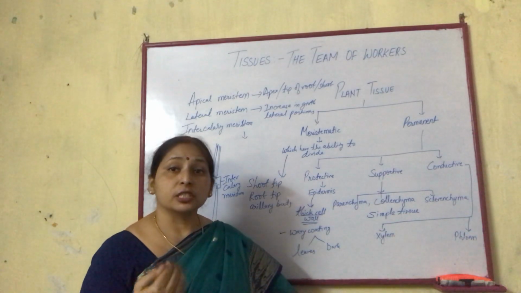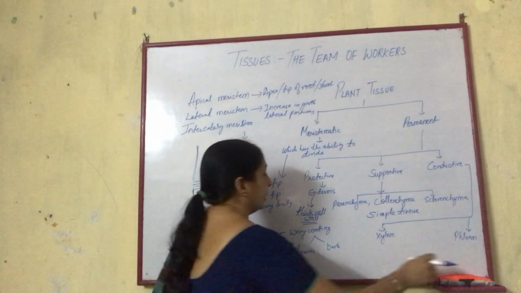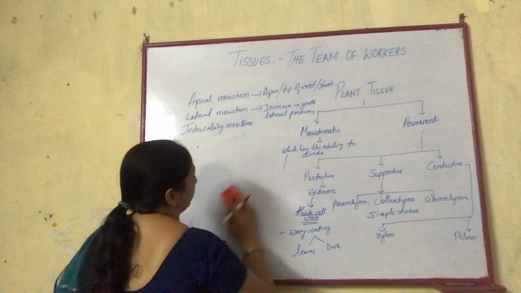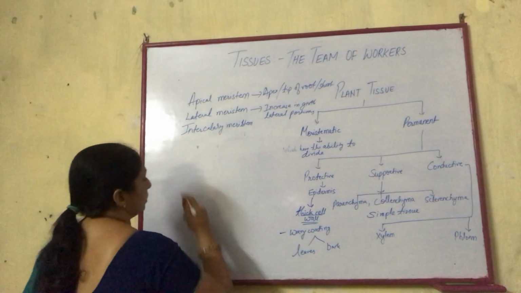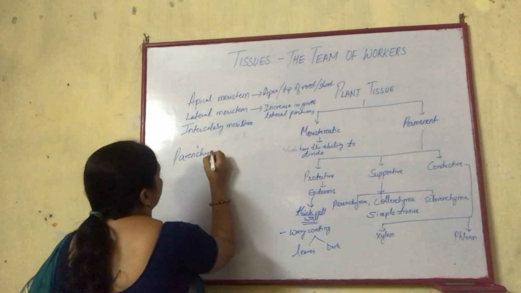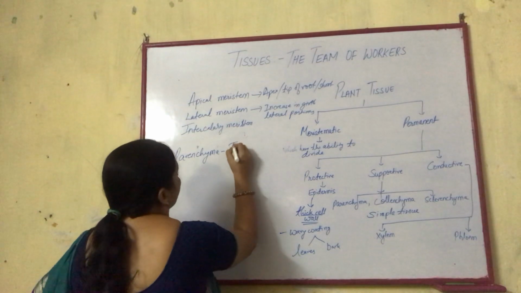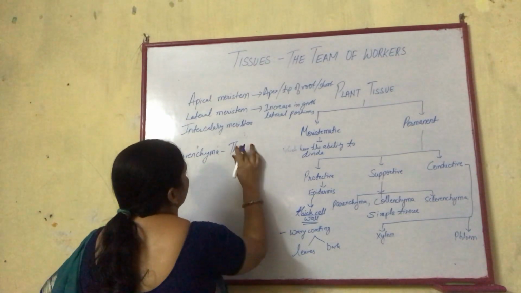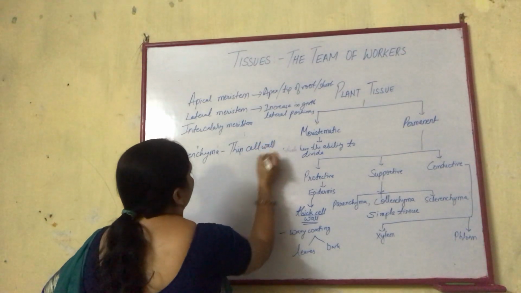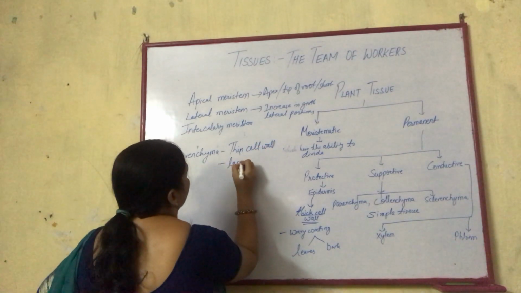When the function is storage, parenchymatous cells have a large vacuole. Parenchyma has thin-walled cells, thin cell wall, and large vacuole.